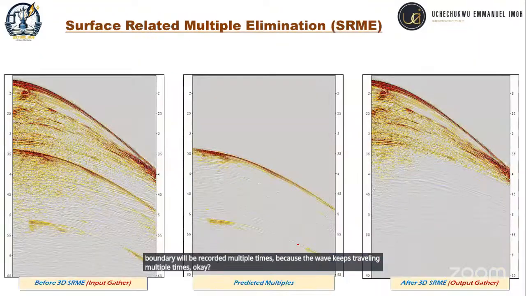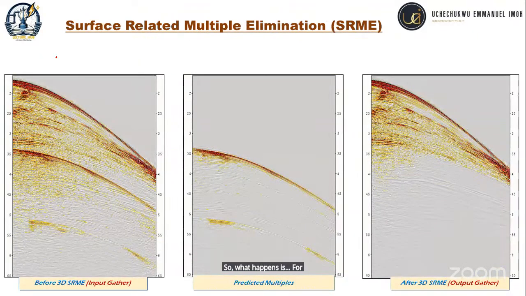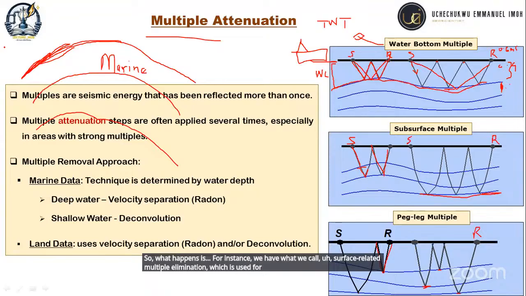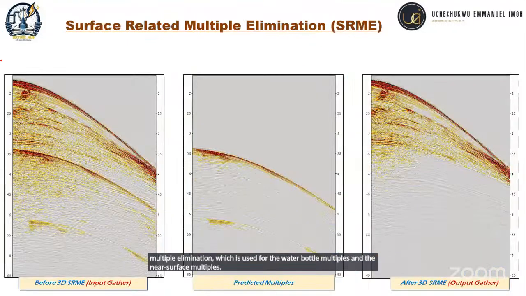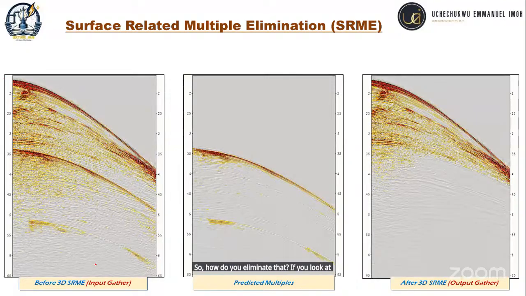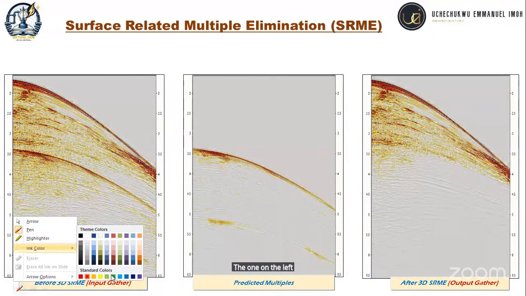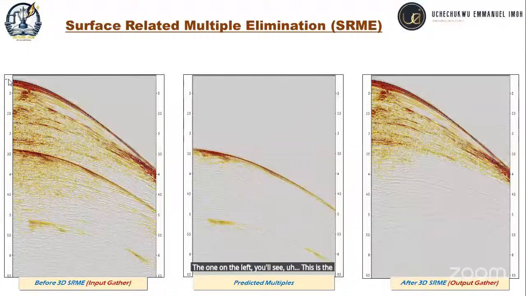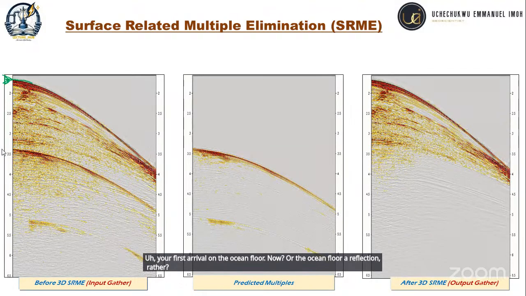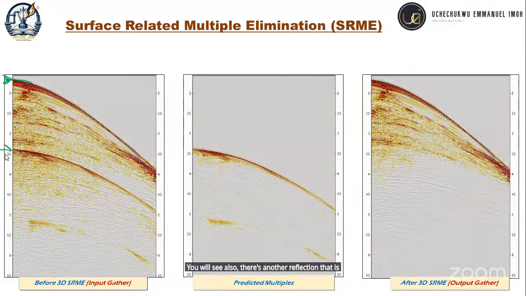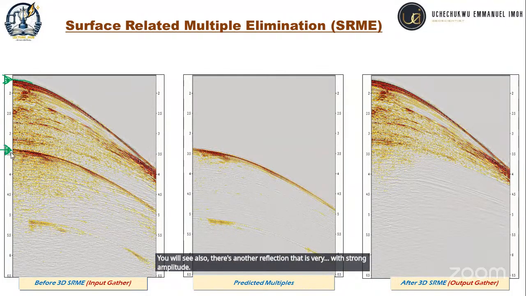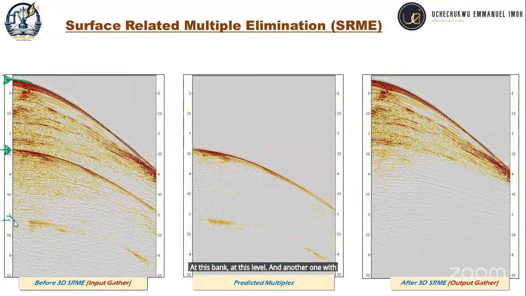What happens is, for instance, we have what we call surface-related multiple elimination, which is used for the water bottom multiples and near surface multiples. So how do you eliminate that? If you look at this seismic data on the left, you see this is the ocean floor, your first arrival, or rather the ocean floor reflection. You also see another reflection with strong amplitude at this level, and another one with a strong amplitude at this level.